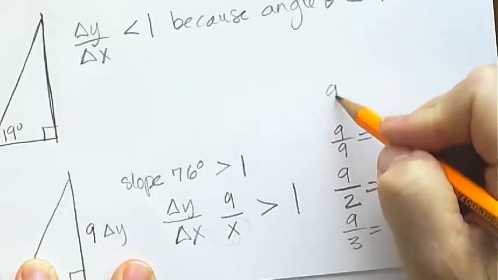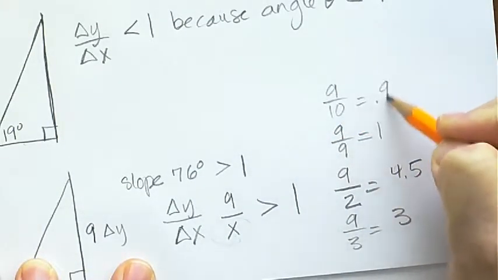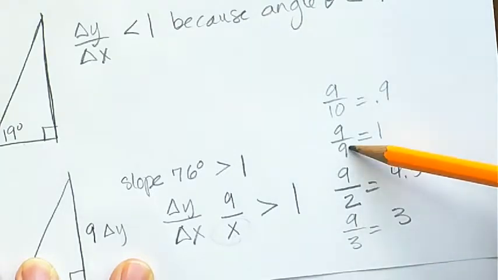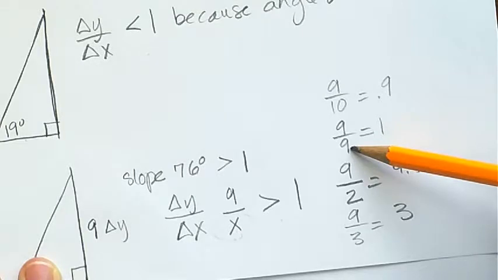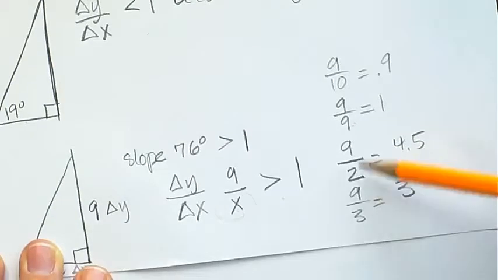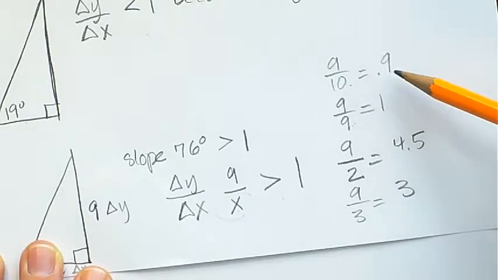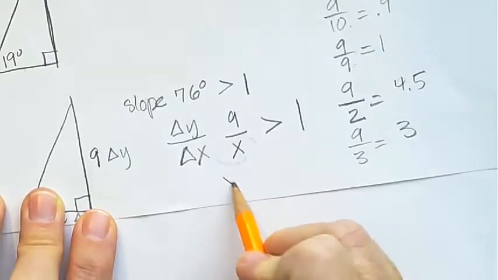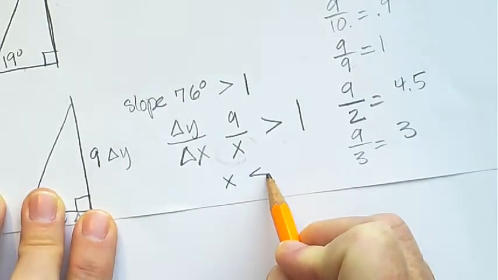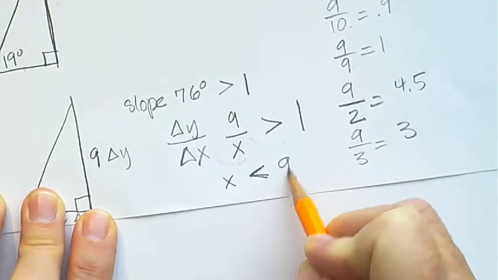If you did 9 divided by 10, that's 0.9. So this denominator, it's got to be less than 9. It's got to be smaller than 9, because if it gets bigger than 9, then the slope is going to be less than 1. So that means x has got to be less than 9.